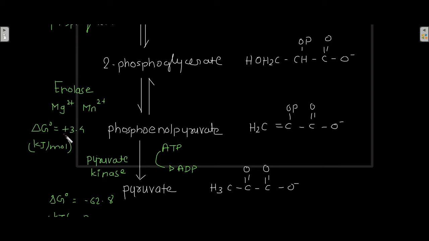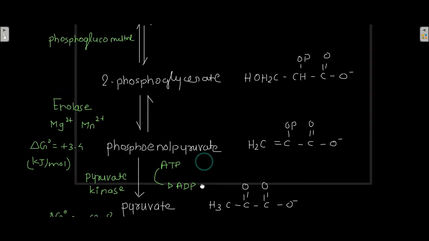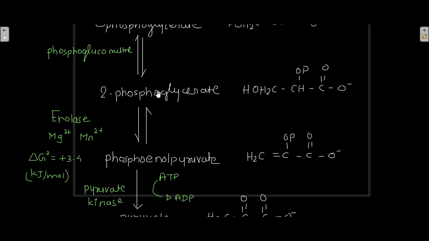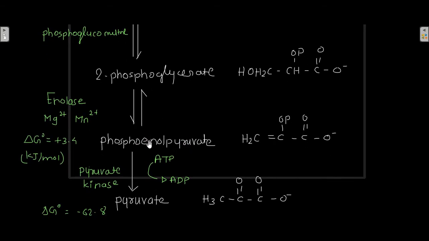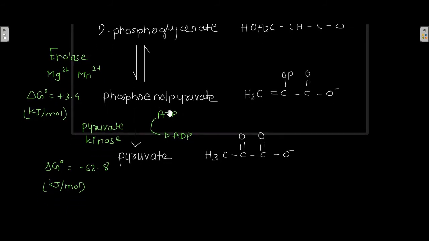After that, phosphoenolpyruvate is converted into pyruvate, and this is an irreversible reaction, whereas the conversion of 3-phosphoglycerate into 2-phosphoglycerate and of 2-phosphoglycerate into phosphoenolpyruvate were both reversible reactions. In this conversion, ADP is converted into ATP.